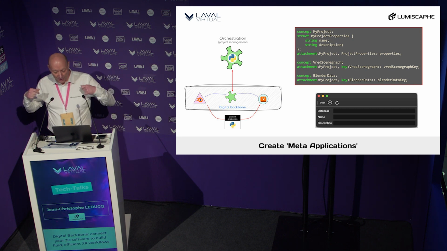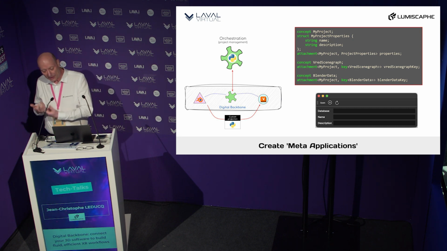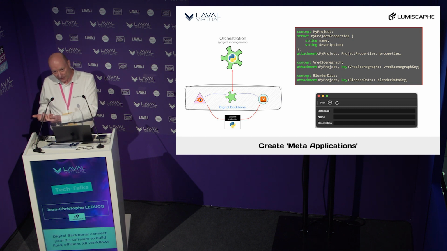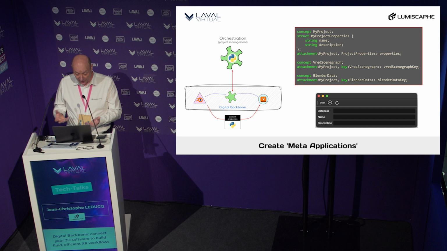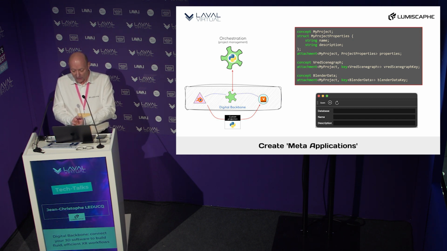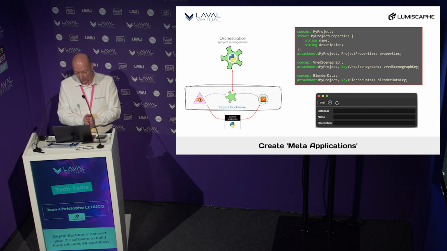And then you say, we have an attachment. We attach to that project the VRED scene graph. And we attach also Blender data. Blender data is the core data of Blender. And we attach that to my project. And doing that, I created my custom application. So this is very easy. Describing my schema and developing few lines of code in Python, I can create that simple orchestration application.